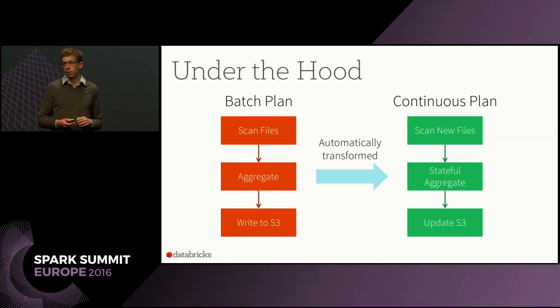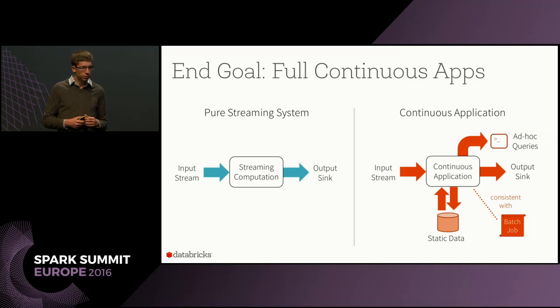And as I said, the end goal of this is we really want to build on Spark's unique position as an integrated system that can do many types of big data processing. So the end goal is to let you build these full continuous applications inside one API. If you have just a streaming system, you can certainly do a bunch of computation on it and write it to a sink.